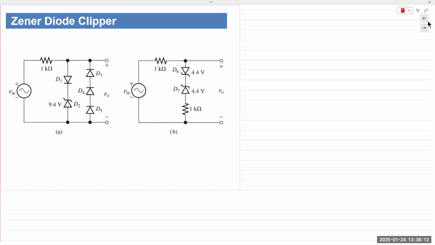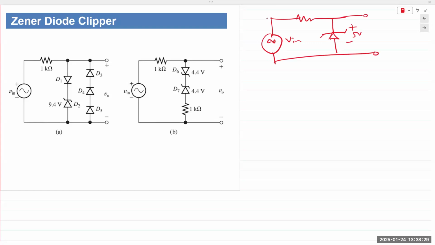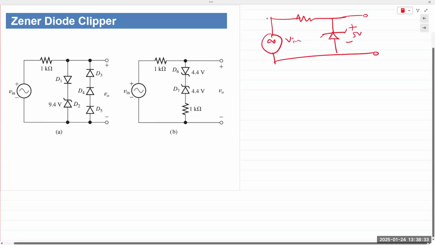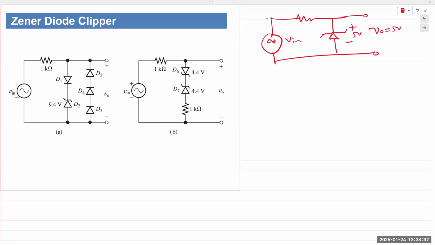Just a simple regulator circuit, what do we see? Zener diode in reverse bias. If Zener diode is 5 volts, once Vin is larger than 5 volts, Zener diode turns on and Vout will remain at 5 volts. Right? So it'll be a flat line at 5 volts.